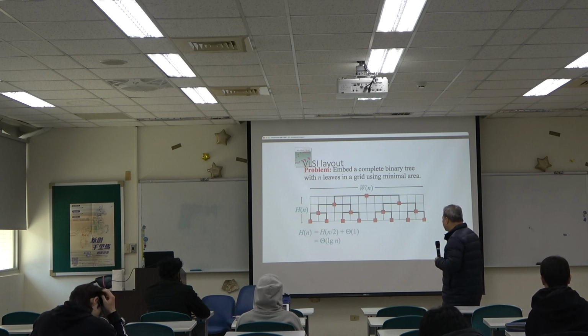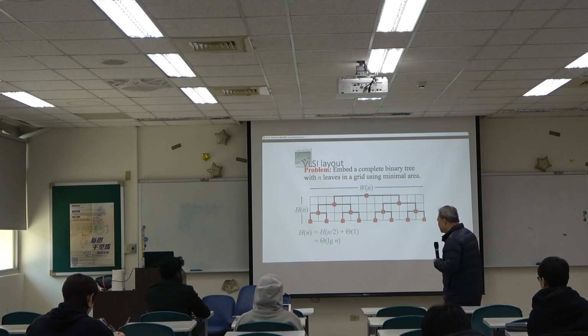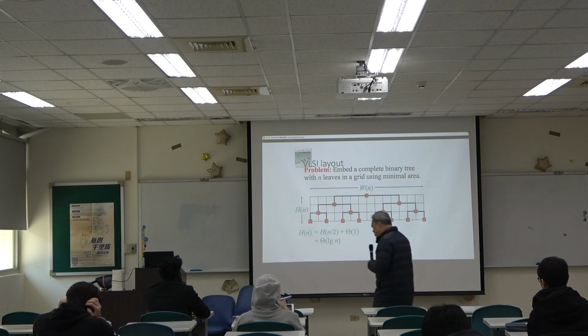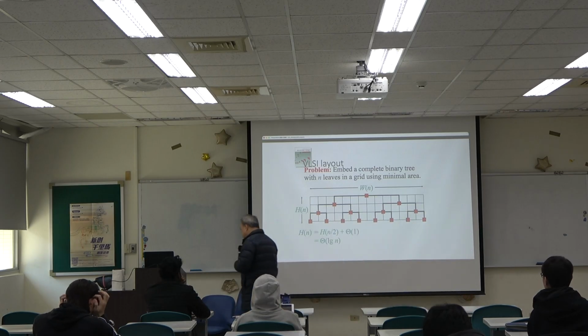If you write a recursion, every additional level of height gives you twice the leaf nodes, so the recurrence relation will also give you log n.